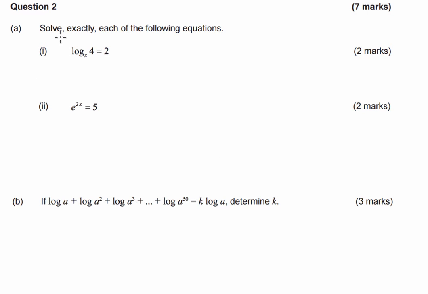Solve each of the following equations. We've got log base x of 4 equals 2. To start with this one, we have to know how logs work, and in this case we've got x to the power of 2 equals 4. That's how we can rewrite this one. Now, x has to be greater than 0.